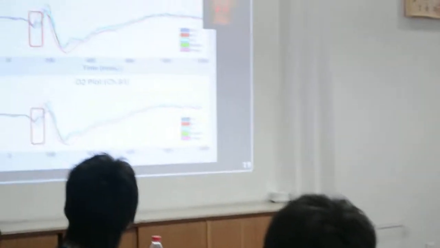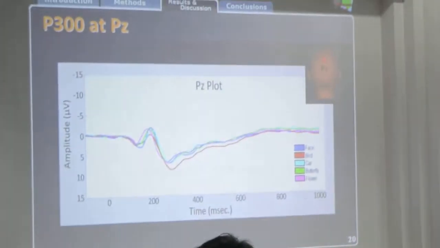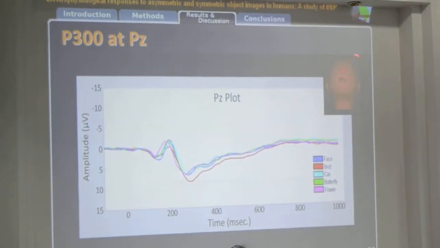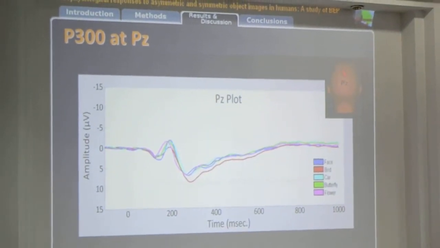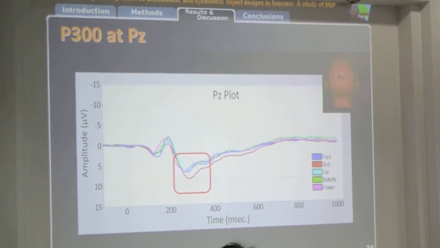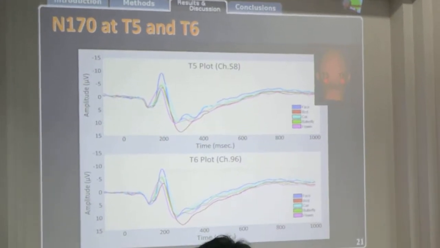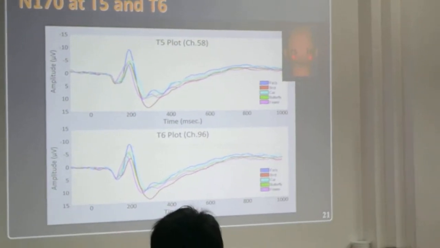And this is the grand average BEP for P100 at O1 and O2, this and this. And this is the P300 recorded at PC. You can see the P300 component up here, and N170 at T5 and T6.